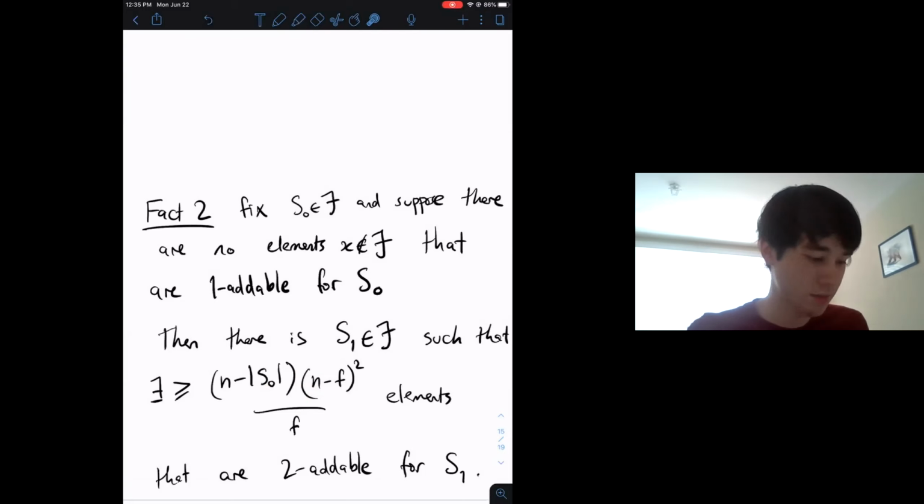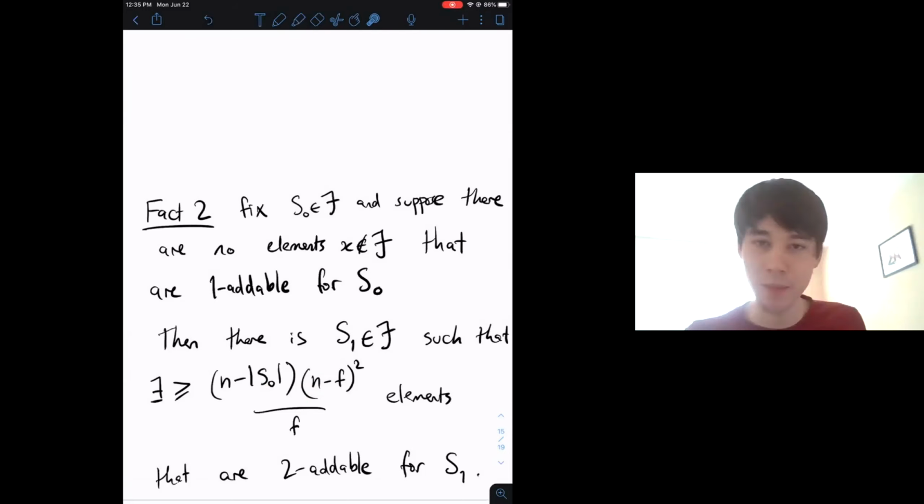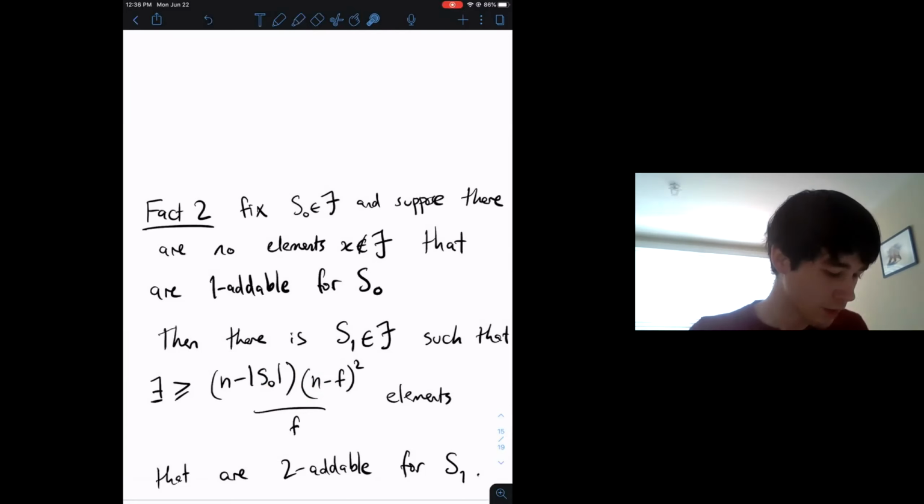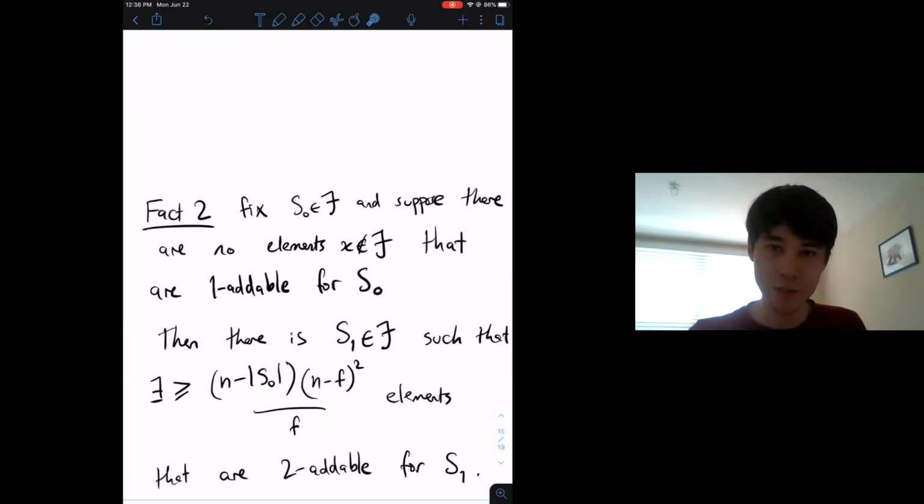So that's really the main reason why we're only able to get halfway, because we're going to end up iterating this, and we want things to blow up to infinity. So this is a better bound than the previous one if f is less than n over 2.